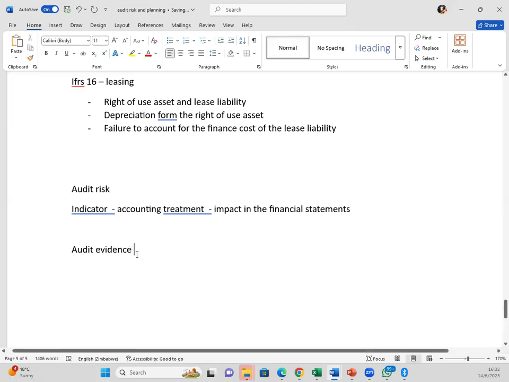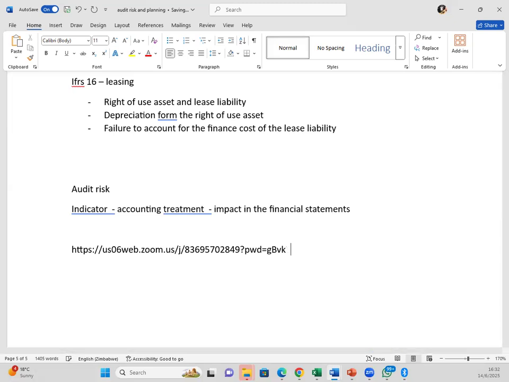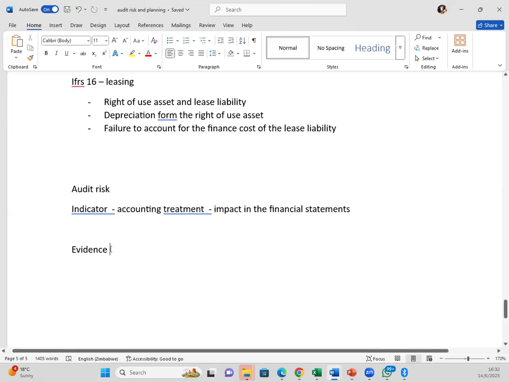The auditor's responses must tell us what the auditor should do to get the evidence.